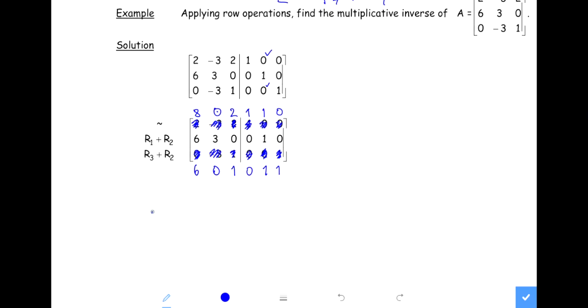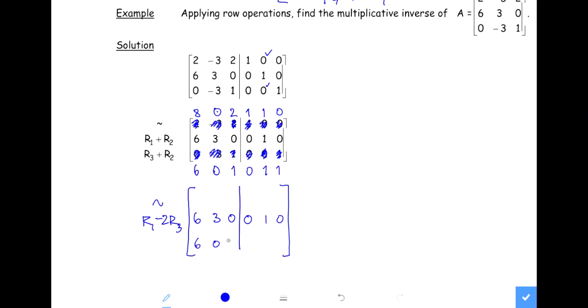So for the next step, I'm going to write R1 minus 2 times R3. Okay, write it down. I wrote R1, so I don't want to change R2 or R3.